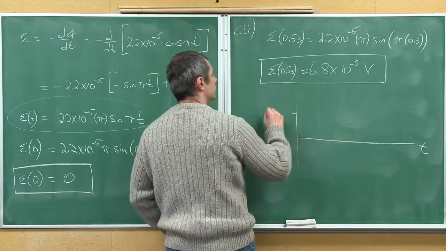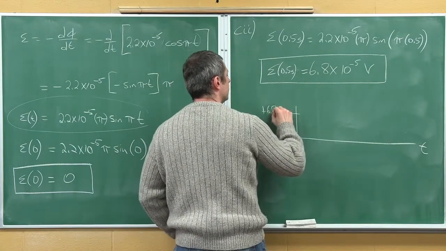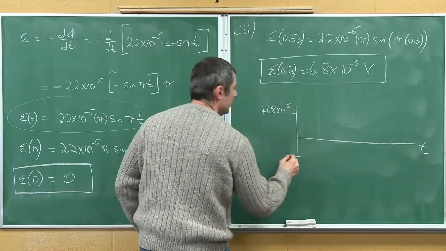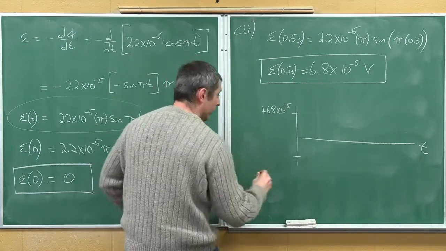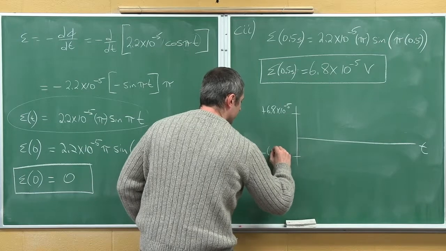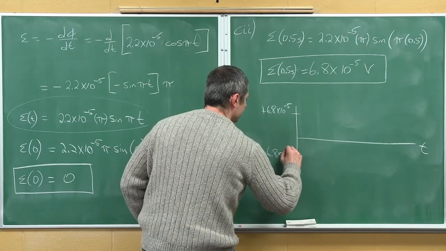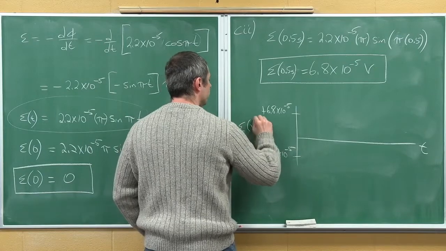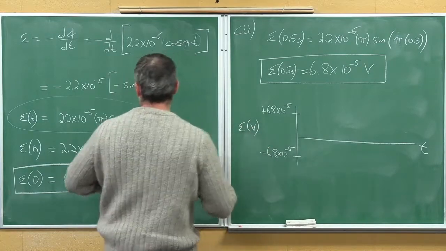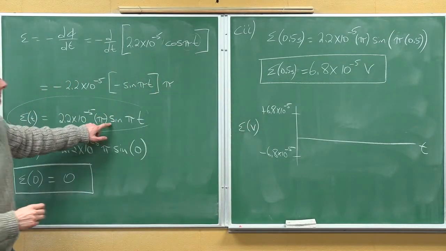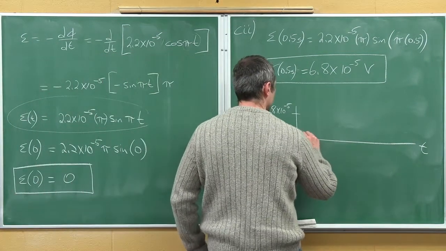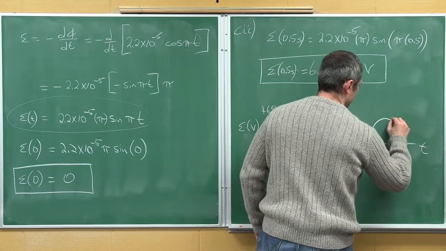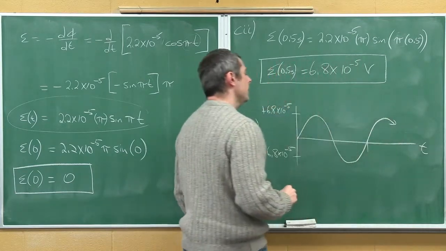The maximum is positive 6.8, and the minimum would be negative, because that's what the sine function does. It oscillates between positive and negative. And this is going to be our EMF in volts. And as a sine function, it goes up and down, and then, of course, keeps repeating.